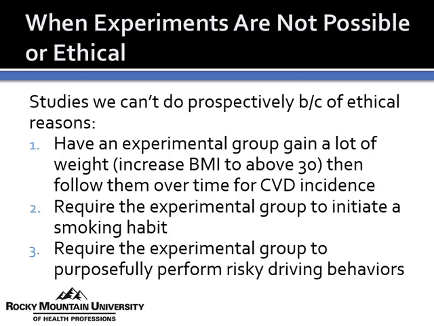For example, let's say you have an experimental group gain a lot of weight on purpose to increase their BMI above 30, and then they are asked to maintain that weight over time to observe for incidence of cardiovascular disease. And then you could compare them to another group that doesn't have a BMI above 30.